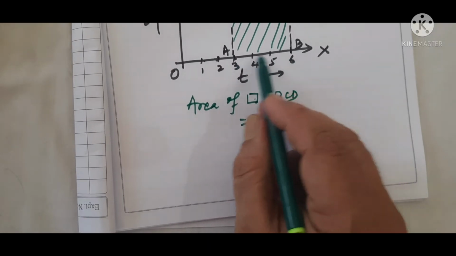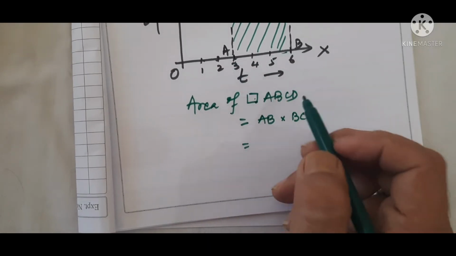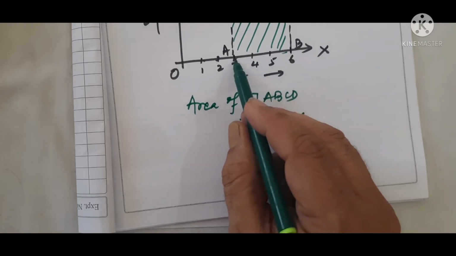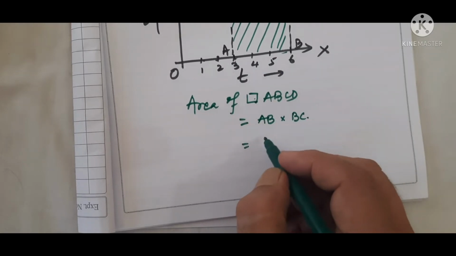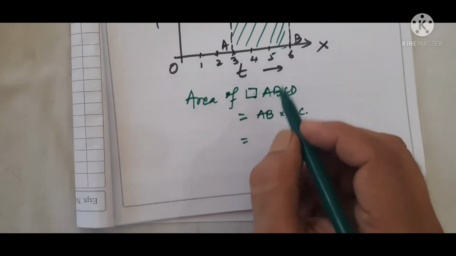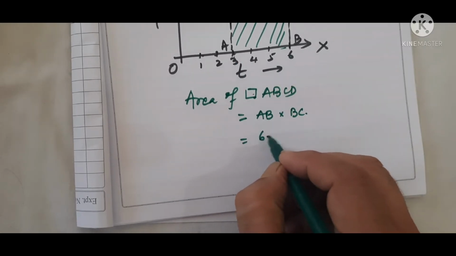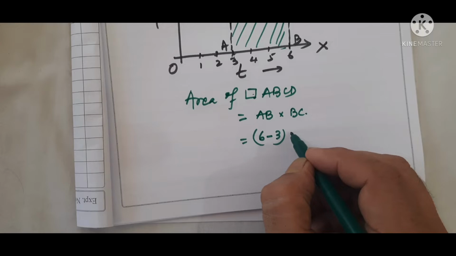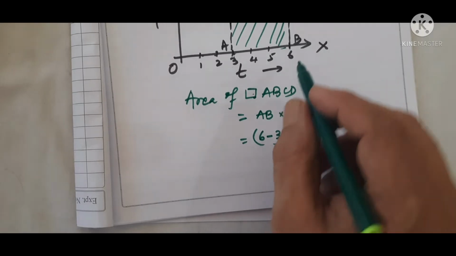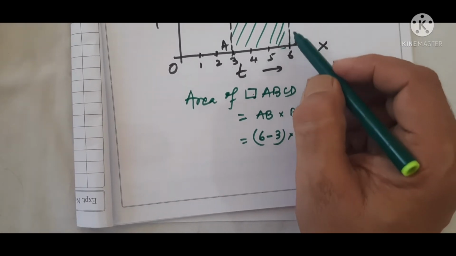AB is how much? AB is 6 minus 3 second, into BC. BC is how much?